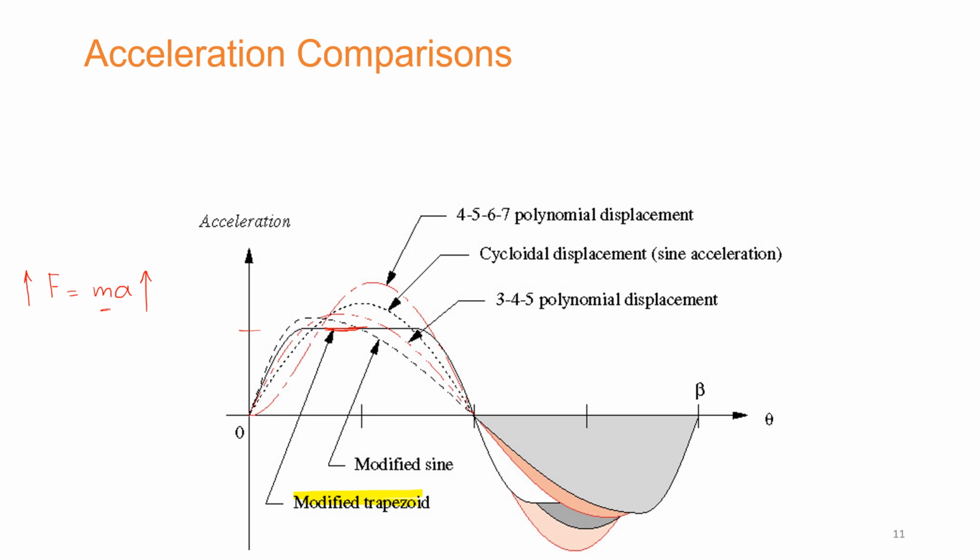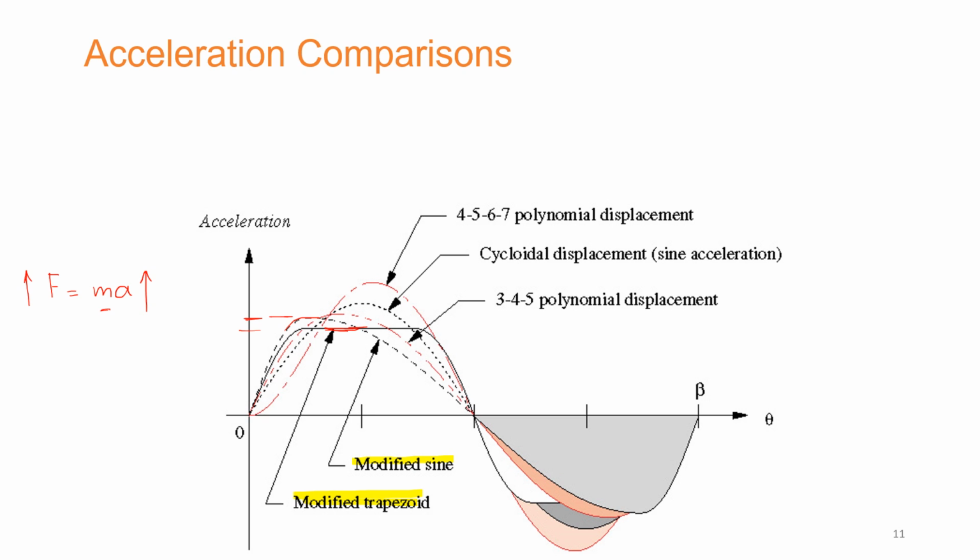The other candidate can be modified sine. You can see that happening over here on this profile. It goes up and then falls down. So this value corresponds to the maximum value of acceleration exhibited by modified sine. It is not that good as modified trapezoid, but as compared to the other approaches, this is behaving very well.